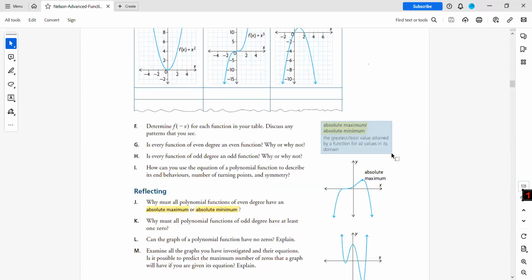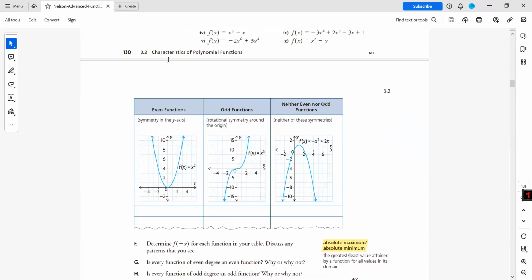So, absolute maximum and absolute minimum. Why is it important? Because it's the greatest or least value attained by a function for all values in its domain. You can see that this point for the x squared function right here is an absolute maximum for this function because it's the highest point that it reaches.